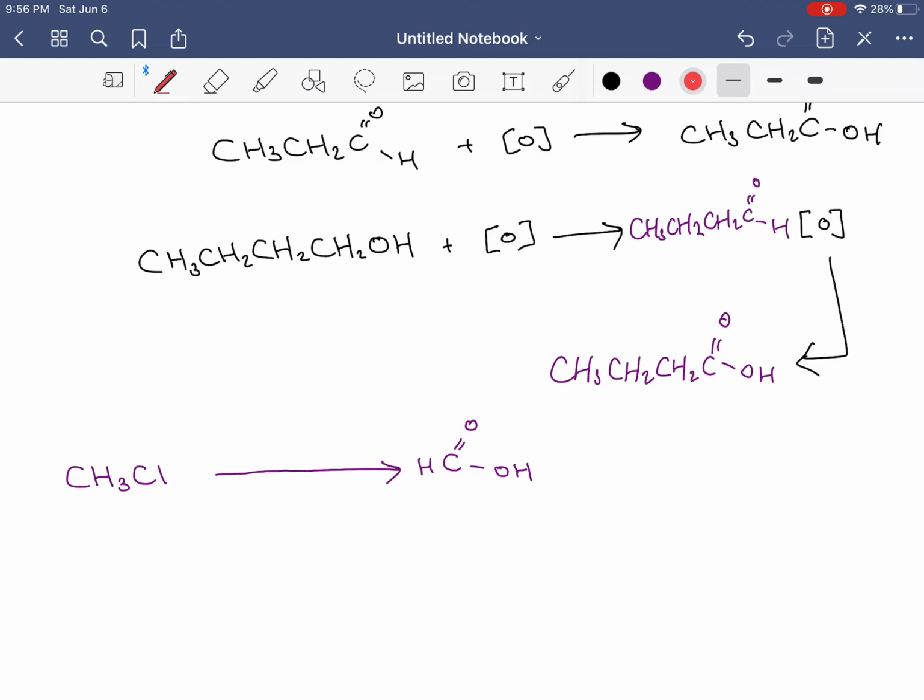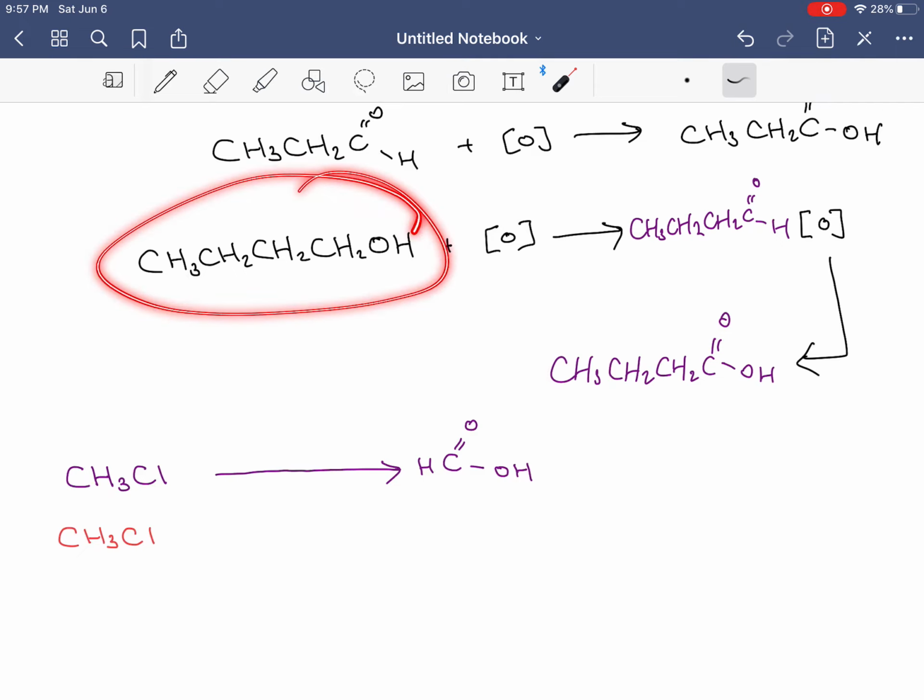So to do this question, you have to think, I have an alkyl halide, and I want to turn that into a carboxyl. Well, from what I know so far, a carboxyl came from an oxidation reaction of an aldehyde, and an aldehyde came from an oxidation reaction of an alcohol. The question is, can I turn this into an alcohol?